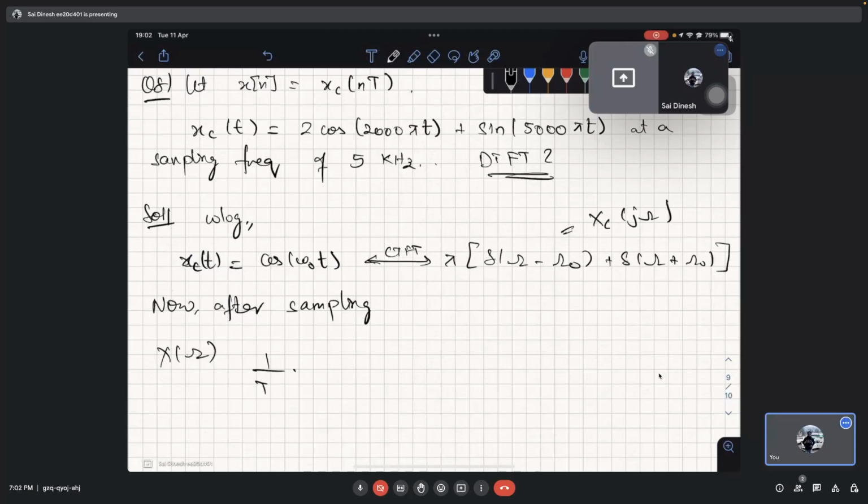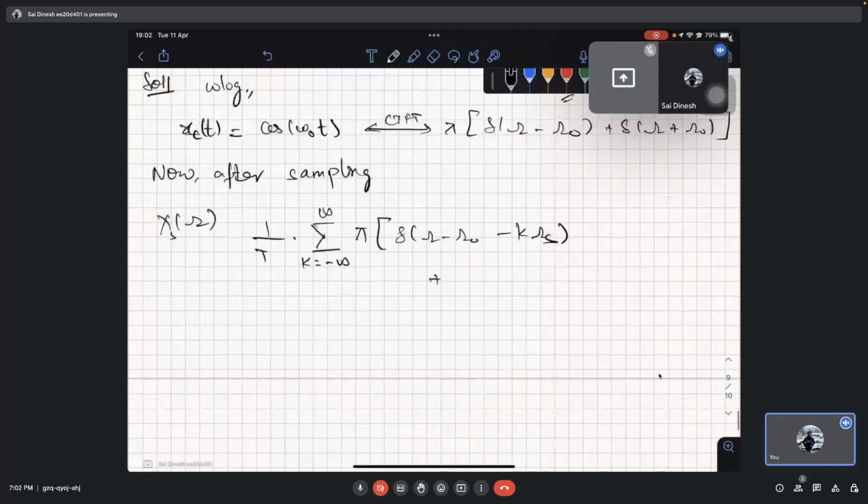Now Xs of omega is equal to 1 by T, sum over k from minus infinity to infinity of Xc of omega minus k omega s.